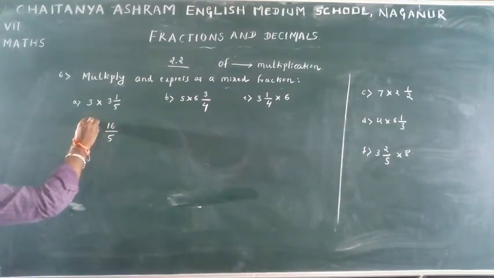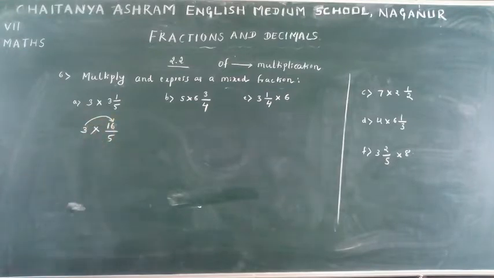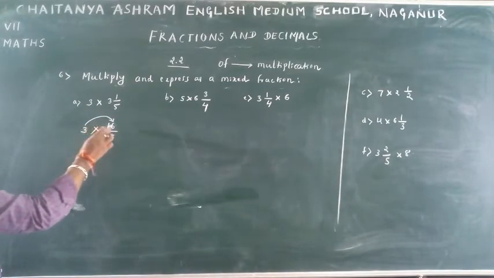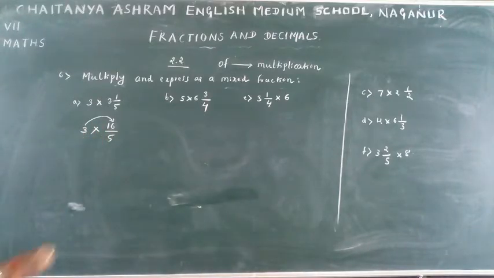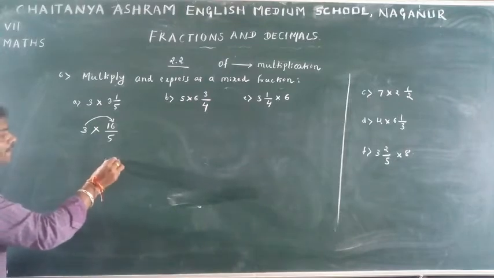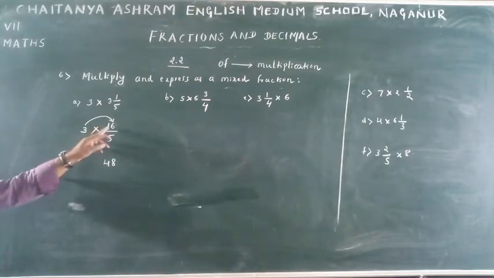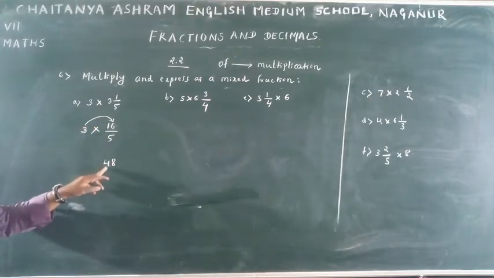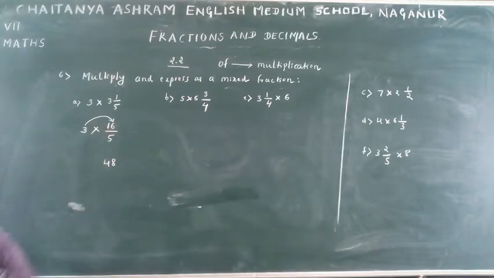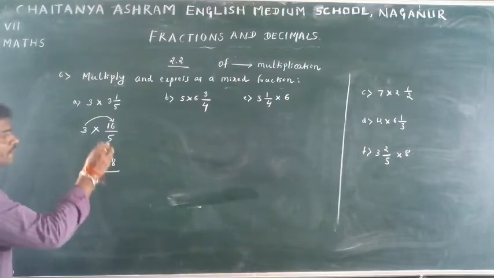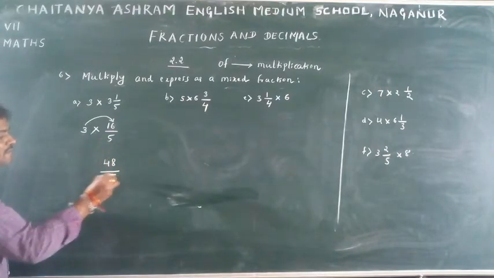So we multiply this whole number with the numerator of the fraction. 3 into 16, how much? Or 16 into 3. What is the answer? 48. 16 into 3 is 48, or 3 into 16 is 48. Then keeping the denominator 5 as it is.